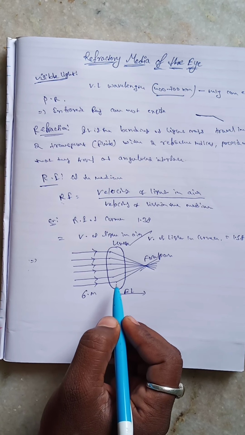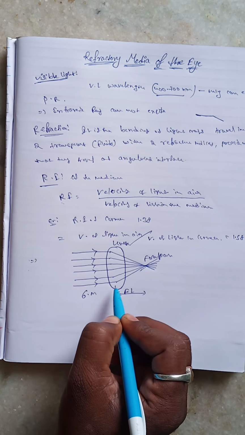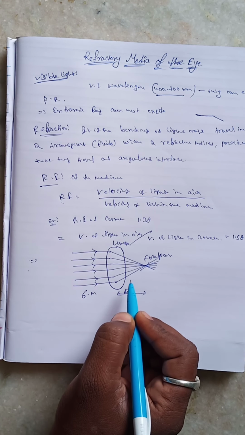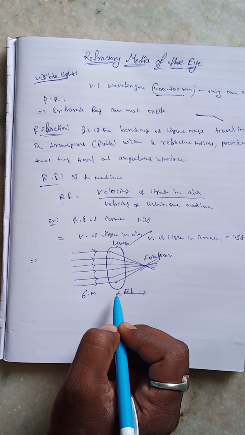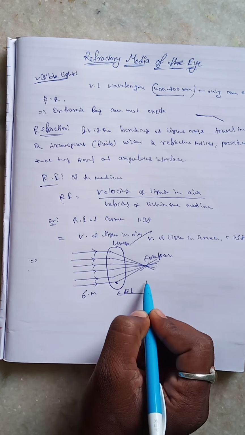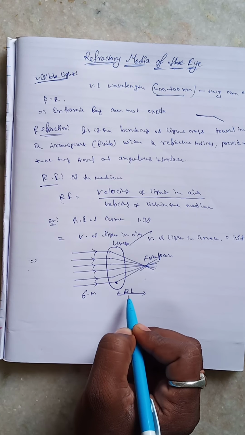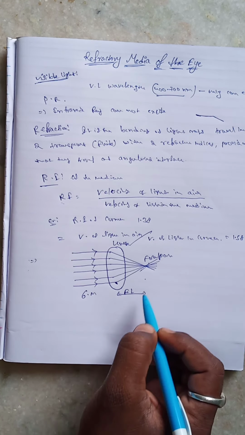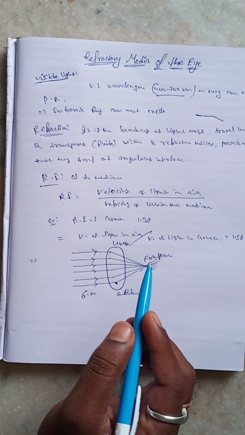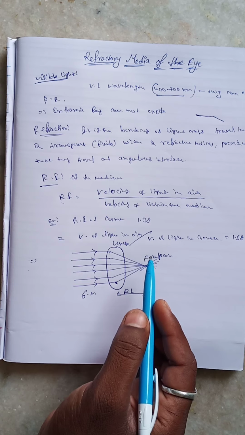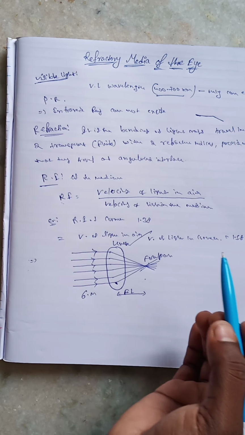The rays pass through to a single focal point. The focal length is the distance between the central part of the lens and the focal point. So this is about the identification of the refractive medium and refractive index, and about the refractive media of the eye.